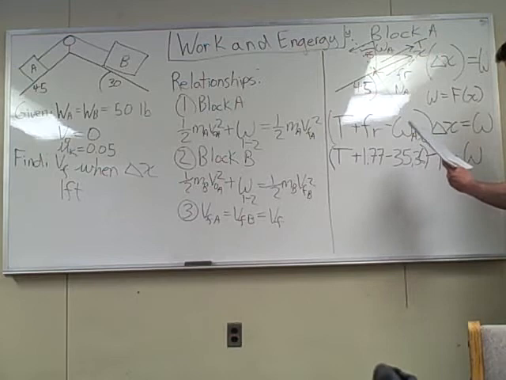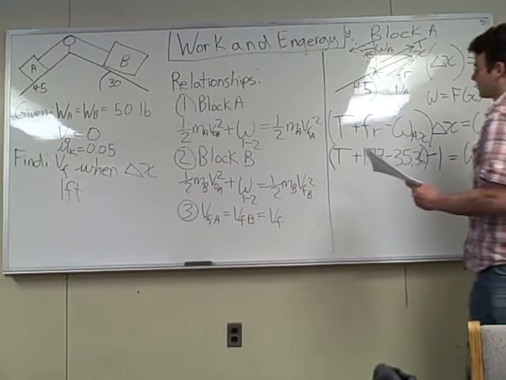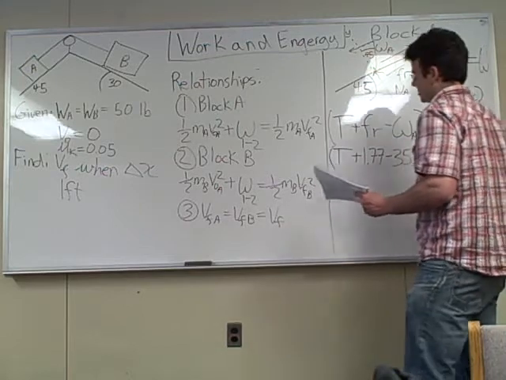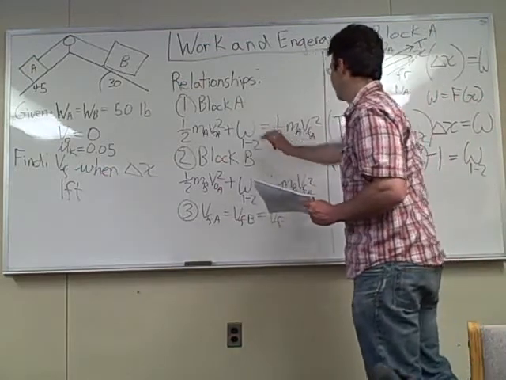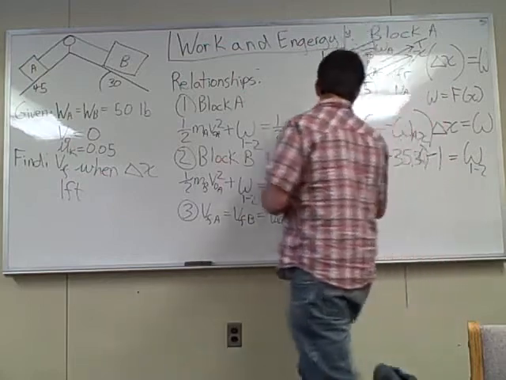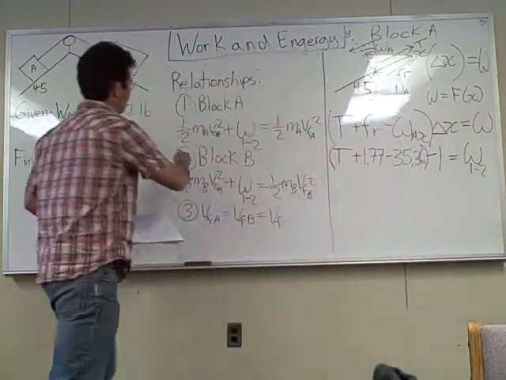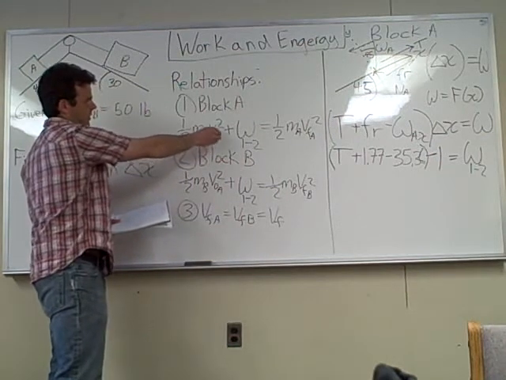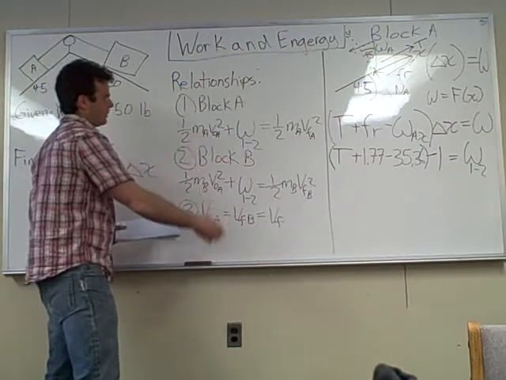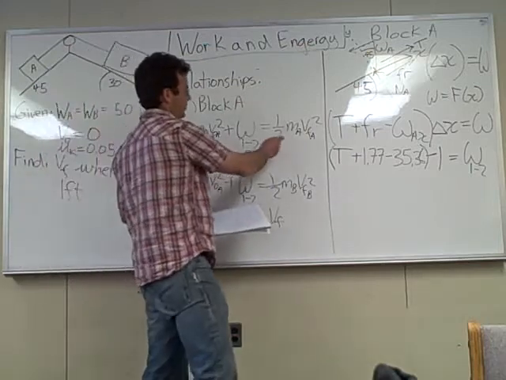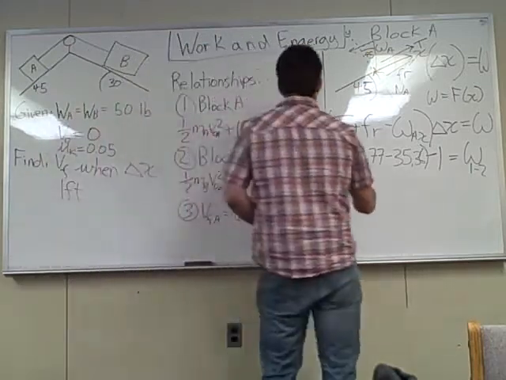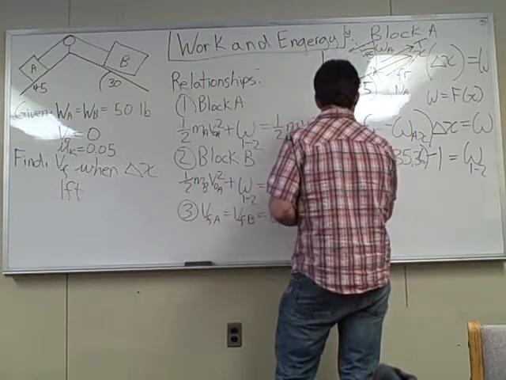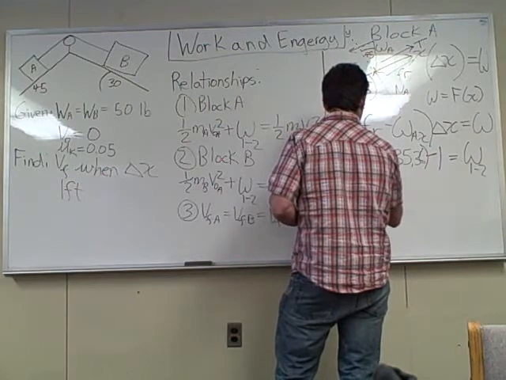And so now that I have my work from position 1 to position 2, I can substitute it into this equation here, and I'm going to get 1/2 mass of block A times the initial velocity squared. That's 0 because the initial velocity is 0. So all I'm going to be left with is work equals 1/2 mv squared. So the work done is going to be T plus 1.